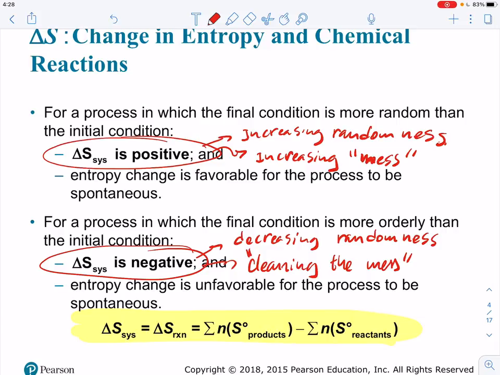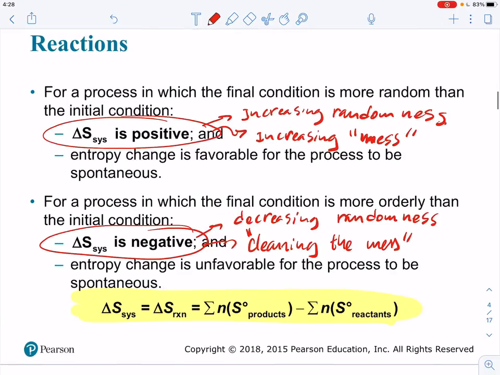The bottom line here is that I want you to keep in mind that the shape of this equation is always products minus reactants, and then you have to account for the number of moles of products and reactants, so you need to multiply the values by the corresponding number of moles that participate in that reaction.